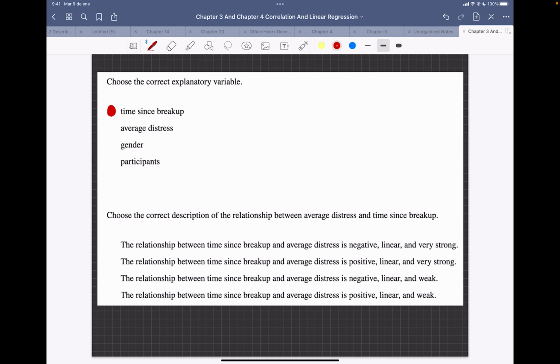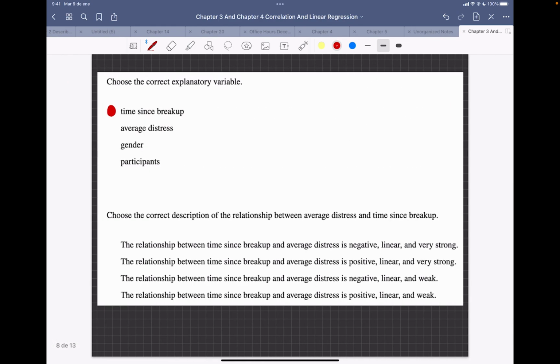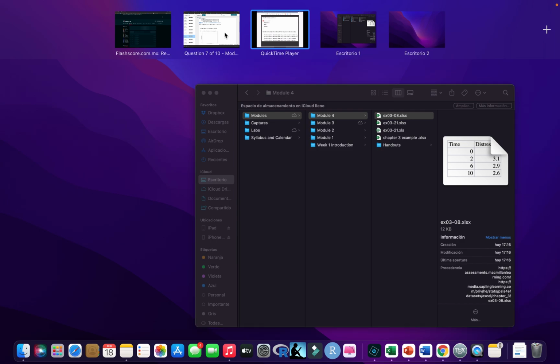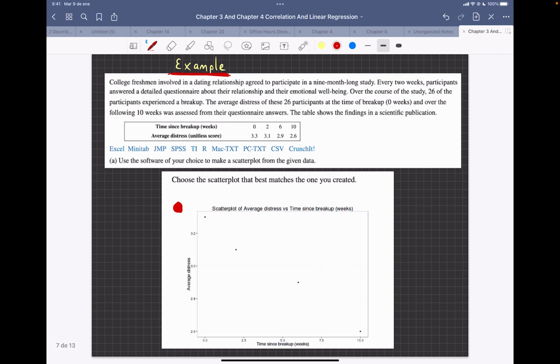What should be the correct description of the relationship between average distress and time since breakup? What is the correlation coefficient? No, we don't have it. Well, we can check the graph. Now I'm going to add color to the points so you can see them better.